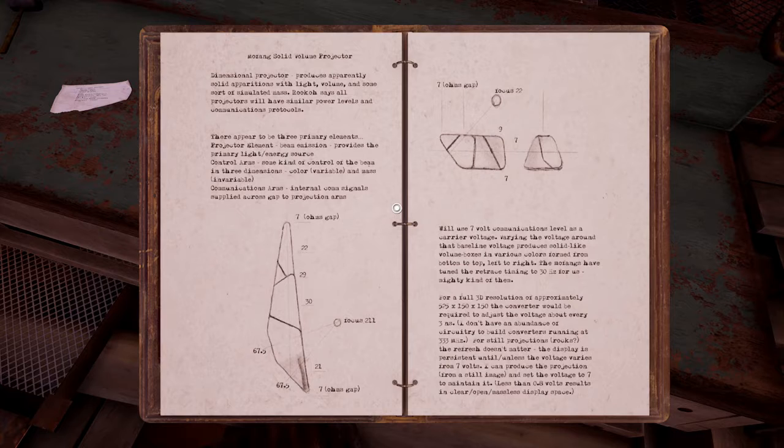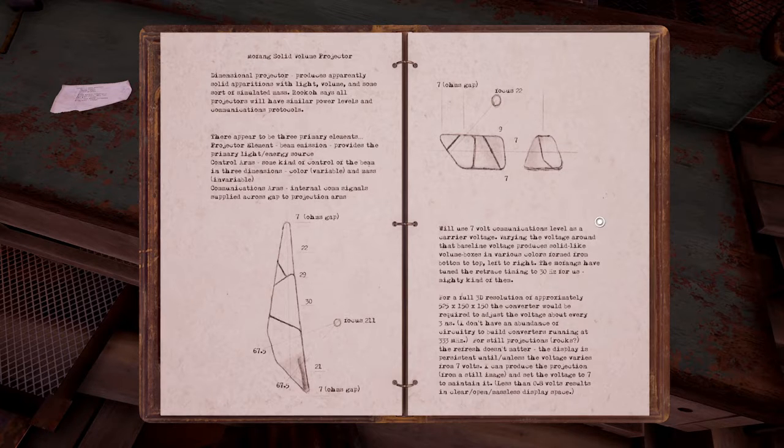Ruko says all projectors will have similar power levels and communications protocols. Okay. There appear to be 3 primary elements. Projector element beam emission provides the primary light energy source. Control arms, some kind of control of the beam in 3 dimensions. Color variable and mass invariable. Communications arms, internal comm signals supplied across gap to projection arms.